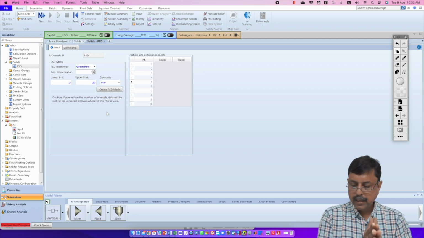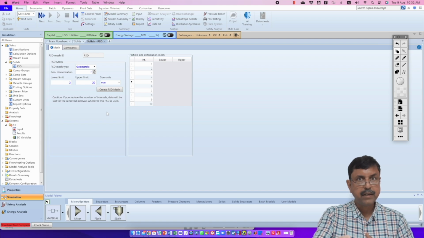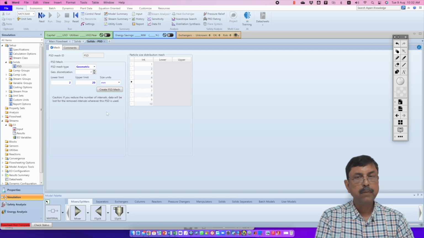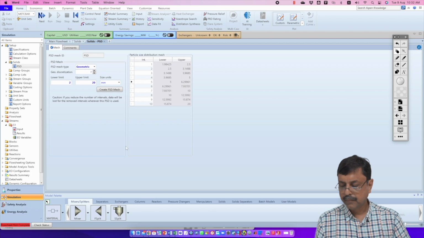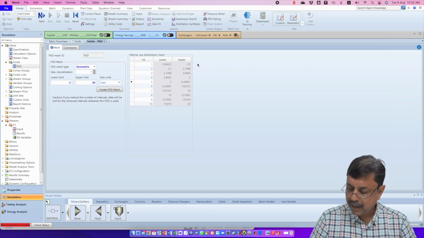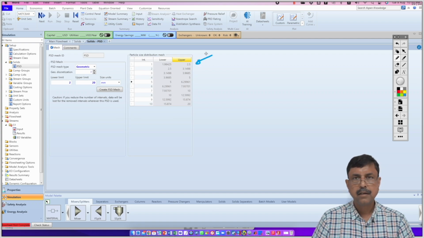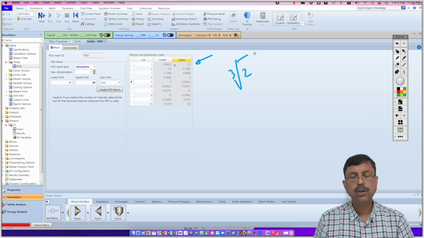So we are creating a mesh between 2 to 20 in such a manner that in each mesh size, the ratio of the diameter of the upper limit and lower limit will be cubic root of 2. Okay, so create. So that is created. Each and every upper limit, the ratio between it and its corresponding lower limit is supposed to be cubic root of 2.